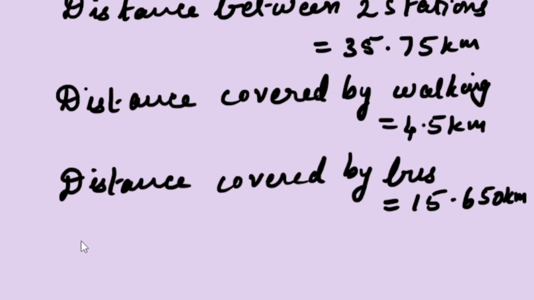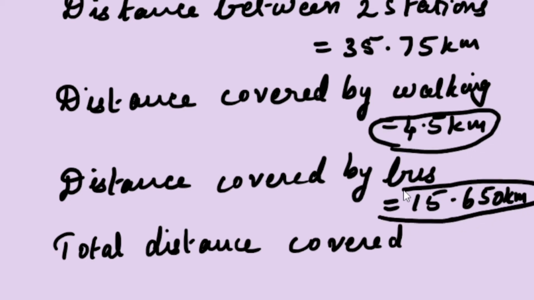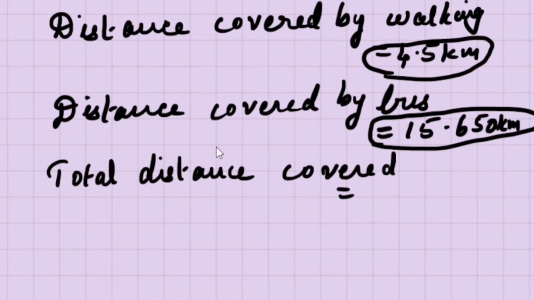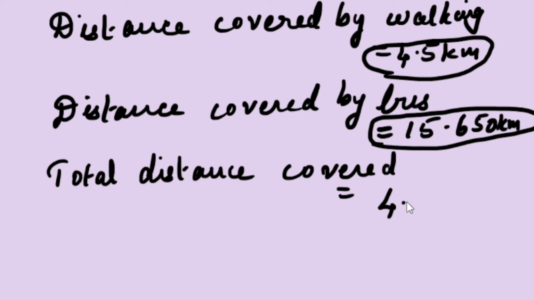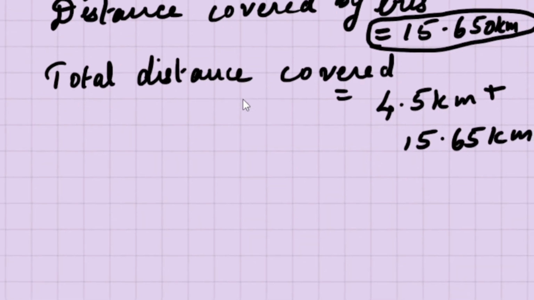Okay, now the total distance covered you have to find out. How we can find out the total distance covered? The distance traveled by walking as well as the distance covered by bus, both you have to add. So that is equal to 4.5 kilometer plus 15.65 kilometer.